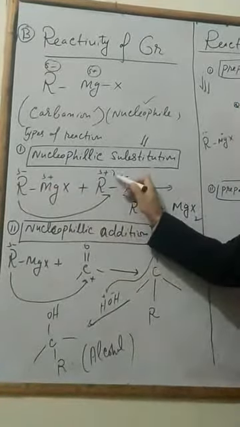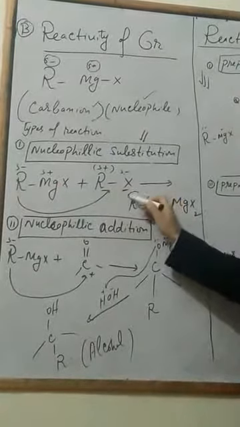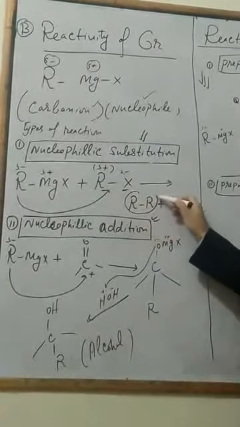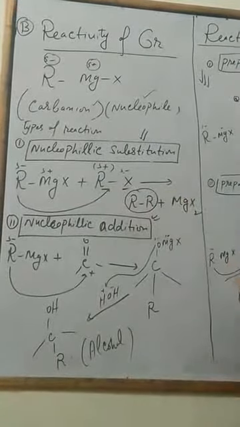Here you see, this carbon bears a positive charge and hence it is electron deficient. Therefore, it may be attacked by this R to give you alkane. As we have already discussed in the synthetic importance of Grignard reagent, you will get alkane and MgX2. Here, this Grignard reagent undergoes nucleophilic substitution.